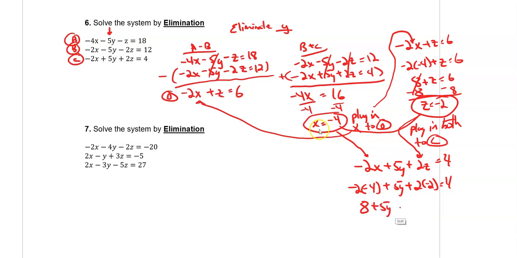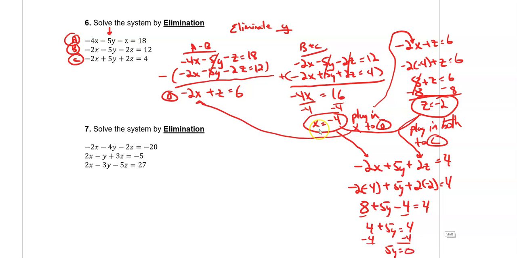And then 2 times negative 2 is negative 4 equals 4. So 8 minus 4 is 4 plus 5y equals 4. And then minus 4 to both sides. And I get 5y equals 0.